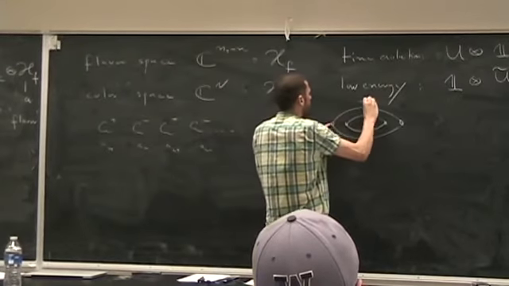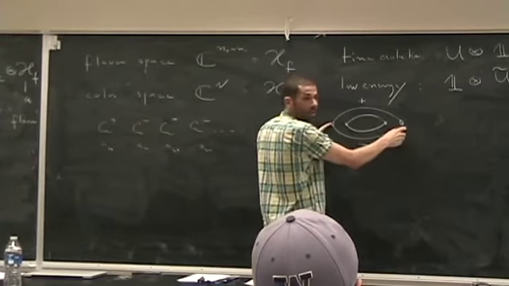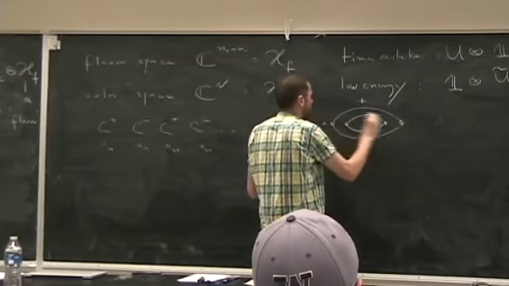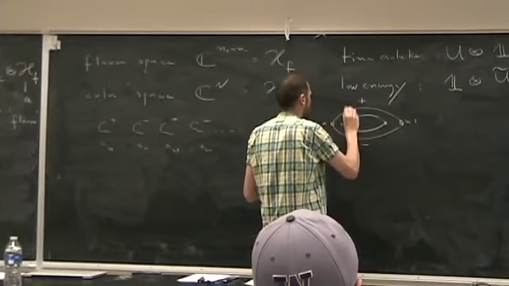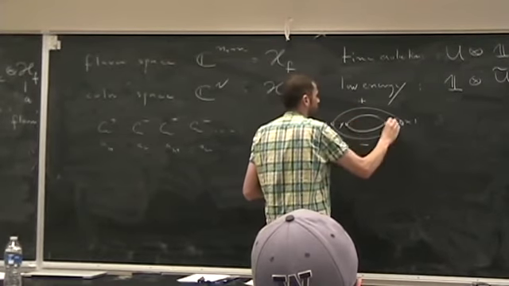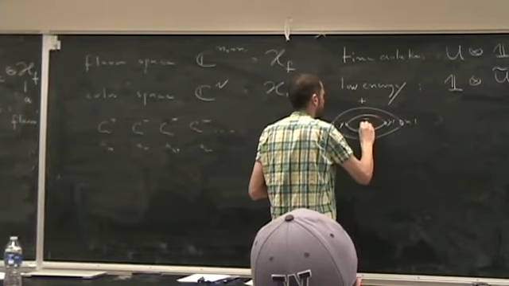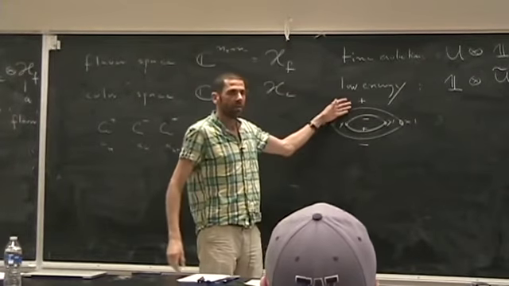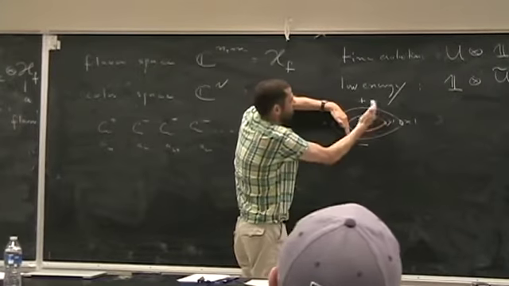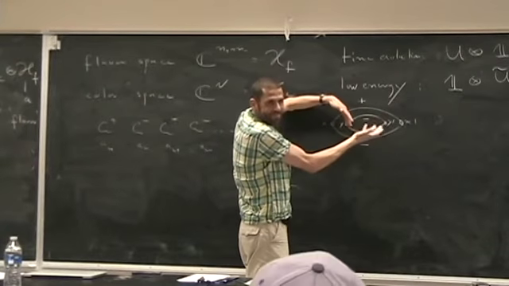Then we need one retarded and one advanced here. This is called the current correlation function of x prime. And now we have another one, y to y prime, and here we have another. So somehow, if you look at this, you have to put a sticker on them.